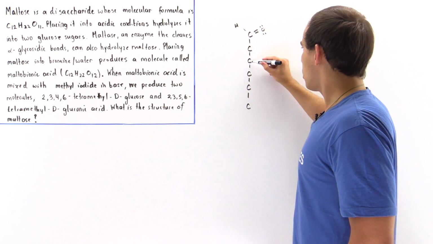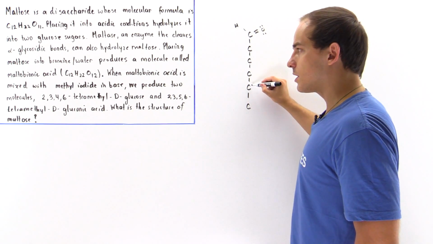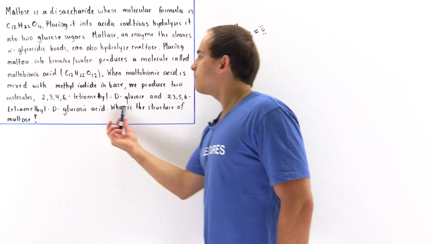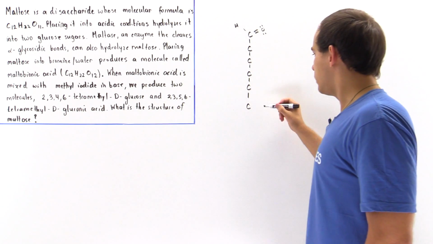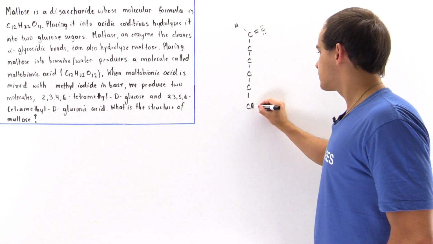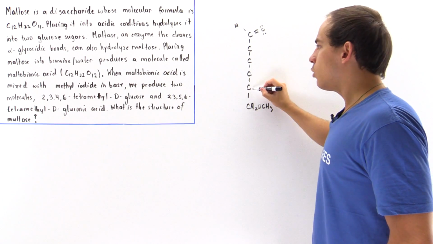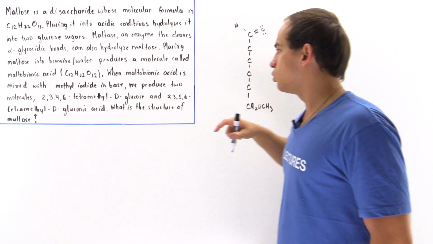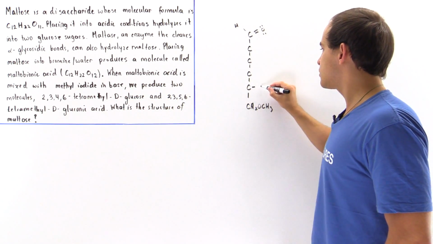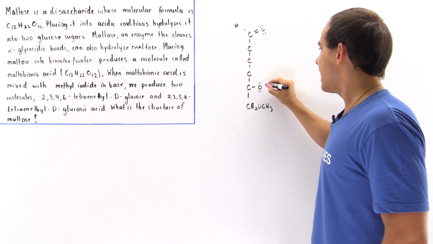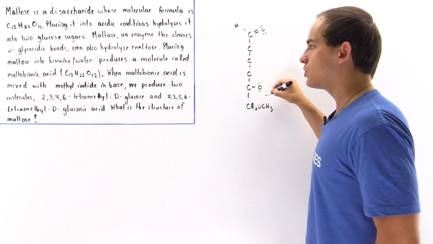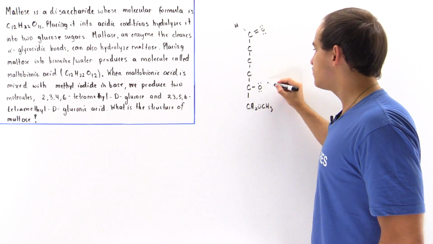Carbon number 2, carbon number 3, carbon number 4, and 6 have all been methylated. So we begin with carbon number 6, and this has been methylated. Now, we're dealing with a D-glucose sugar, so that means this O will point to this side, and this one is not methylated.